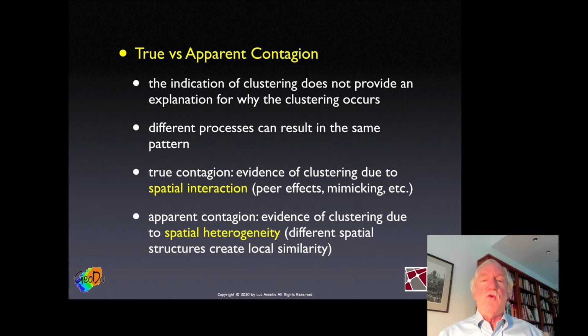We don't know whether this is because one person in the room had COVID and spread it directly by contact to the others, or whether this room was already contaminated and the people went into the room and got it from what was hanging in the air. That is a case of spatial heterogeneity. The air in that room is different from the air outside.